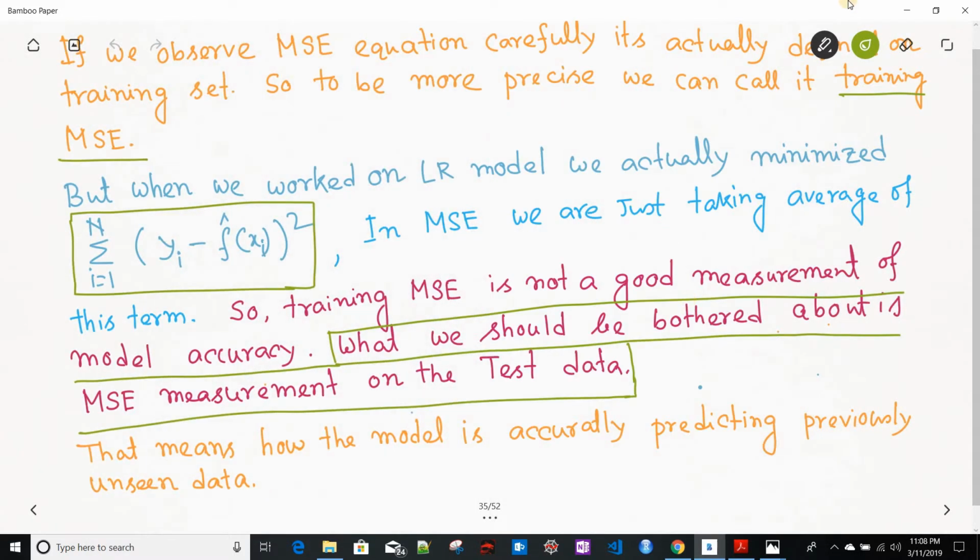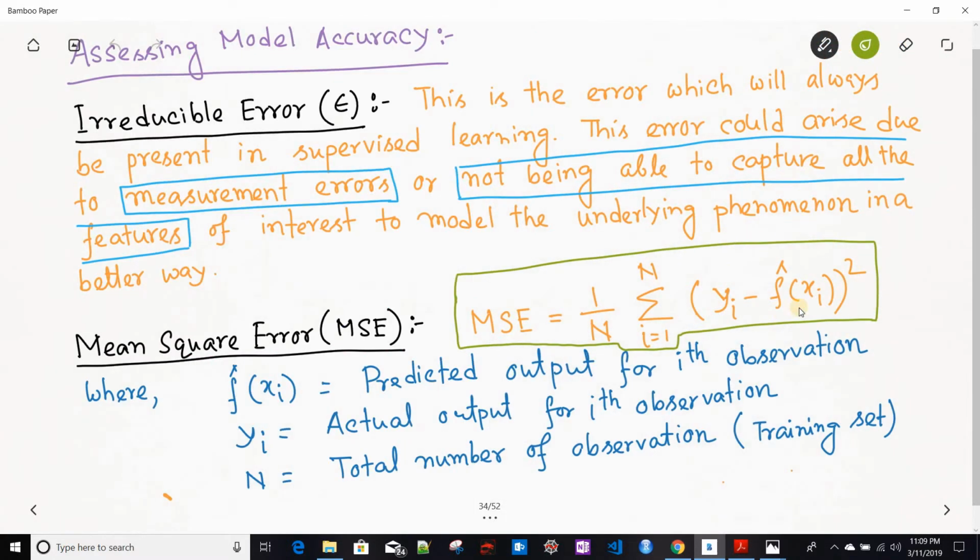Now if you remember from our regression details, when we worked on the math behind simple linear regression or multiple linear regression, the error function we defined is the same as this one over here. We basically took, for each and every observation, the difference, squared it and summed them up to define our error function.